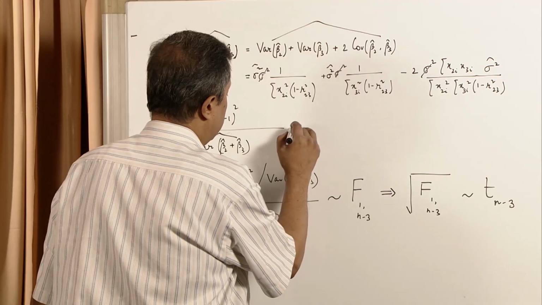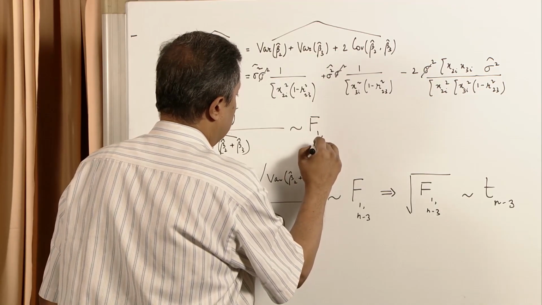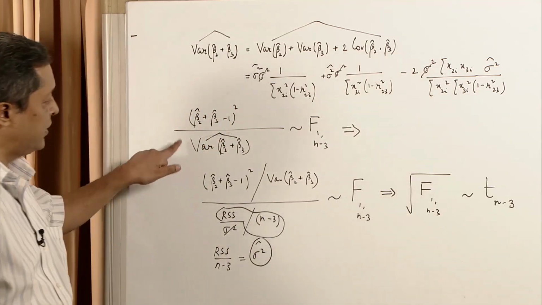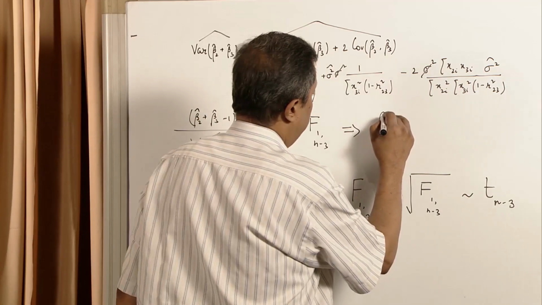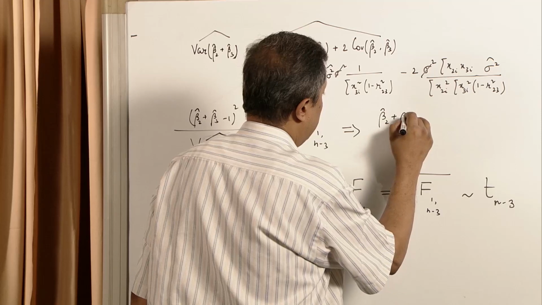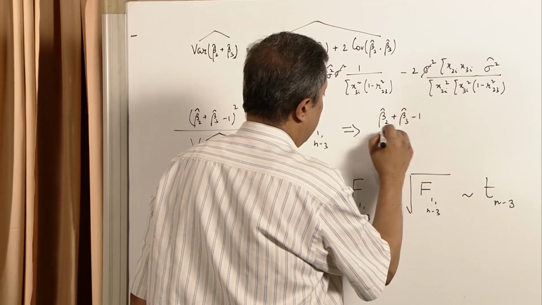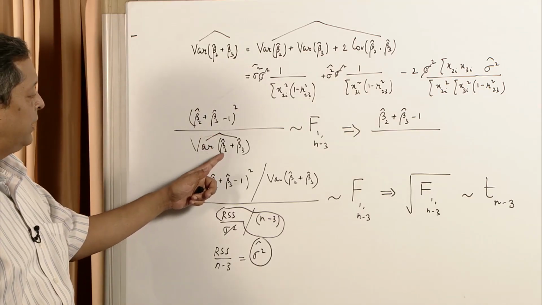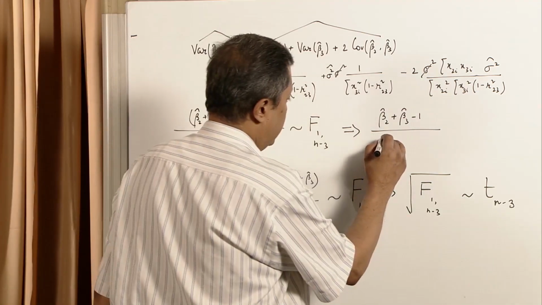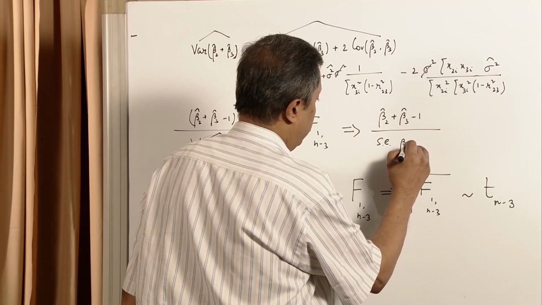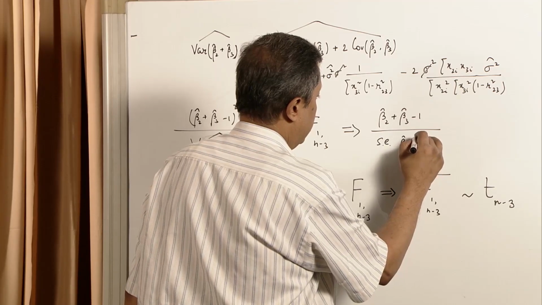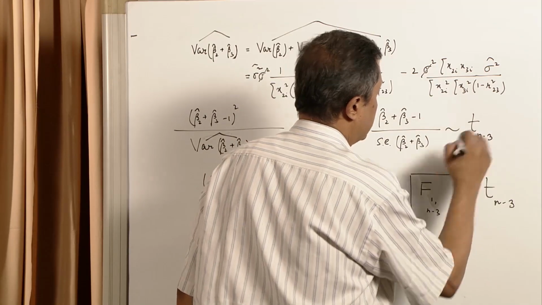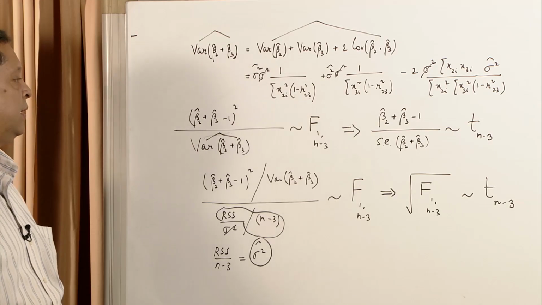So, that basically follows F 1, n minus 3, and therefore, the square root of this, which is beta 2 hat plus beta 3 hat minus 1 divided by the square root of the estimated variance of beta 2 hat plus beta 3 hat, which is written as the standard error of beta 2 hat plus beta 3 hat. This is our test statistic, which follows a t distribution with n minus 3 degrees of freedom.